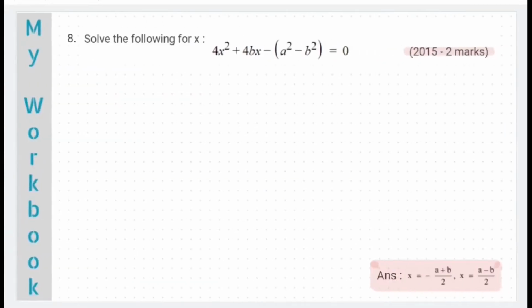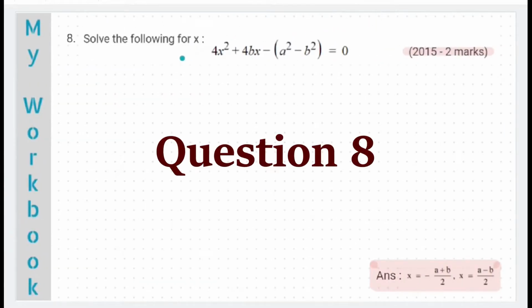Next, eighth sum. Solve the following for x. 4x square plus 4bx minus a square minus b square equal to 0. It's a 2-mark question which was asked in 2015.